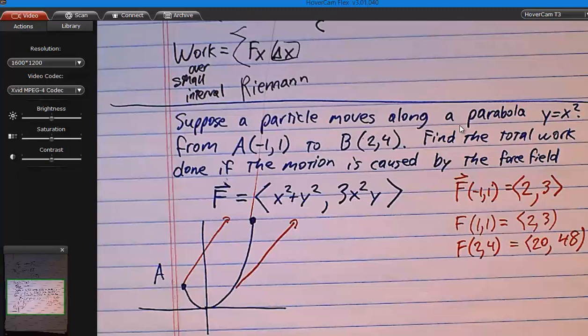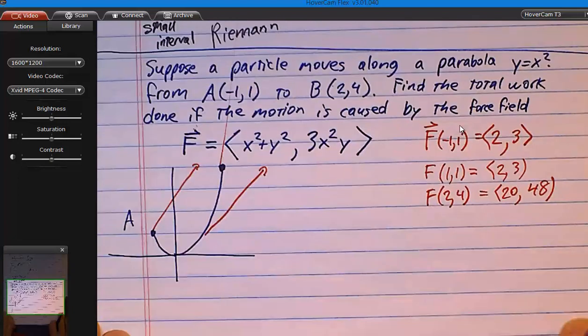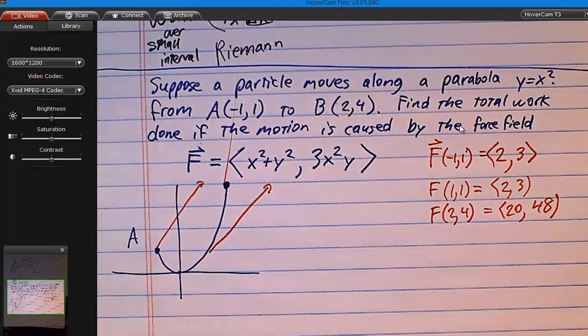So I guess I can do this. Oh, and I should say one more thing. We need units for this to be at all meaningful. So maybe I'll do one more assumption.